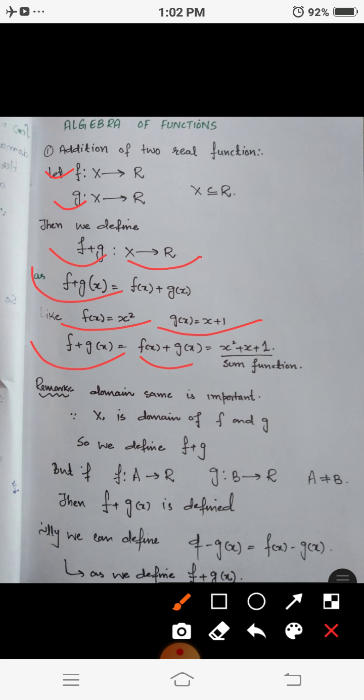So this is a new function, x squared plus x plus 1. This is the resultant function, the sum function of f and g.